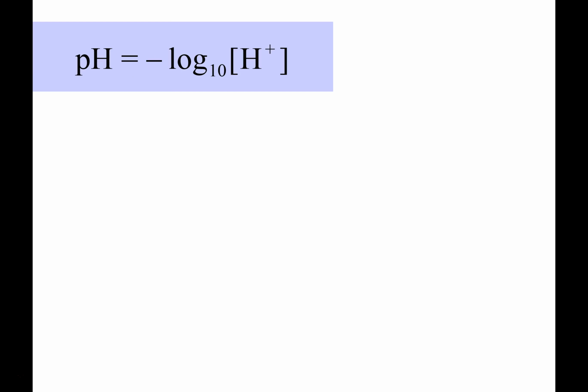So this is the P function of applying it to the hydrogen ion concentration. Looks like this. Now, I think we've played around with this.